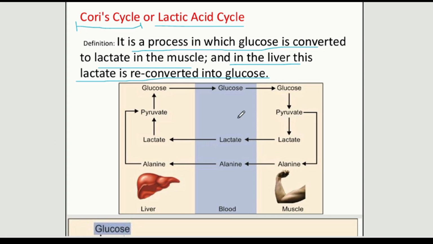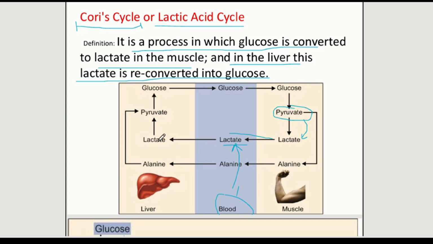When pyruvate is converted into lactate in the anaerobic condition, when we are going through exercises, our muscles are not getting enough oxygen, so pyruvate is converted into lactate. That lactate is easily permeable through our cell membrane, so it is coming in the blood.